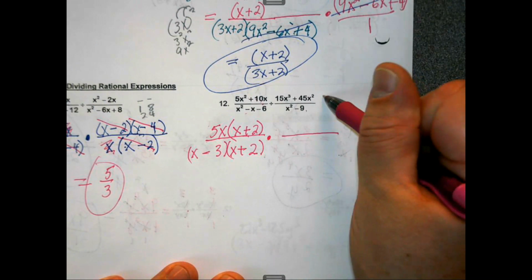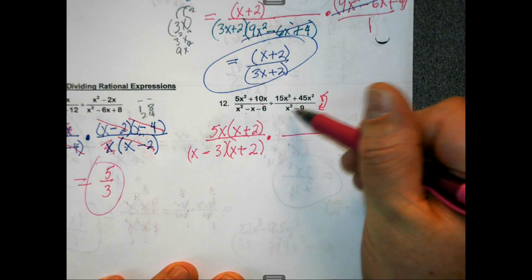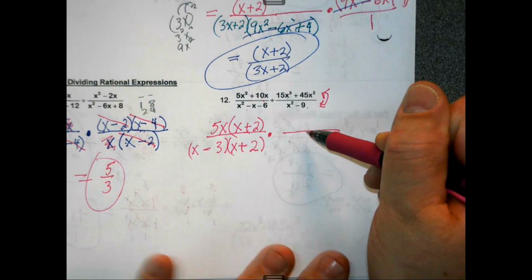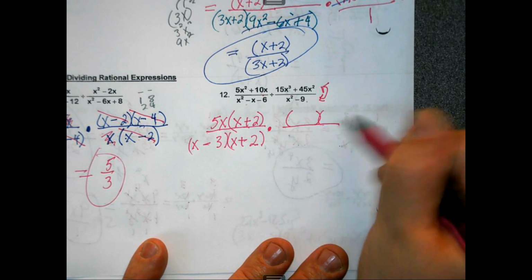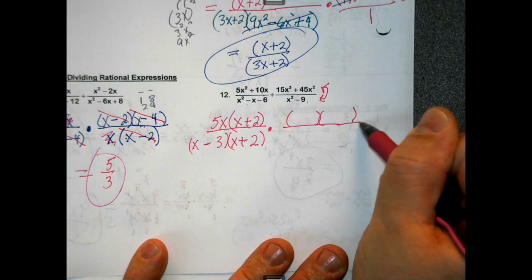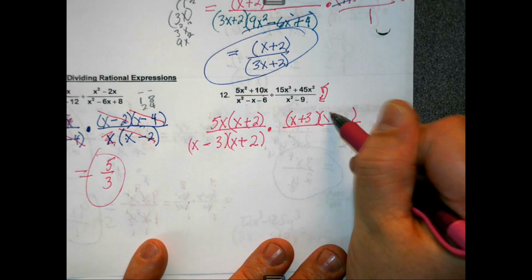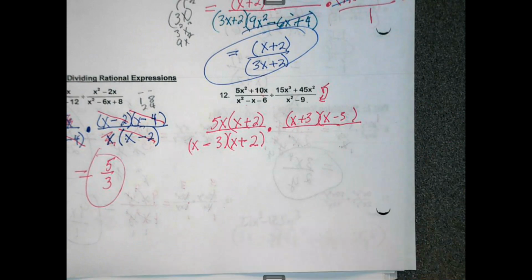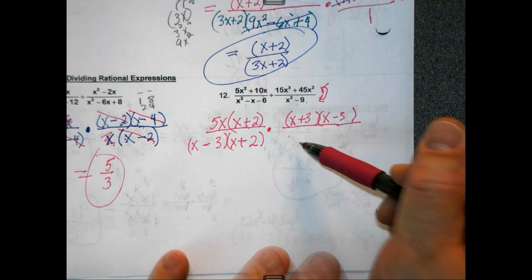Now, I have to flip the second fraction, right? So x squared minus 9 is going to become my numerator, which factors to, it's a difference of squares, right? We did this already. x plus 3, x minus 3. And the numerator becomes my denominator.